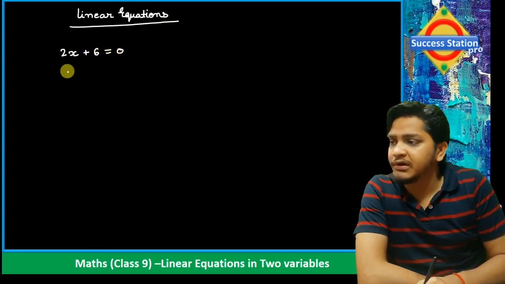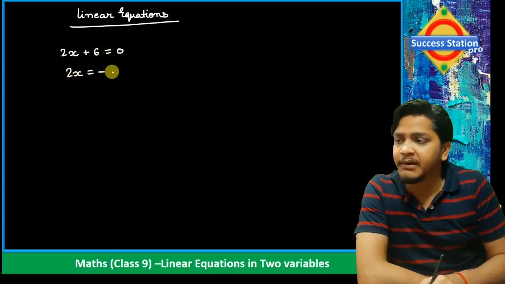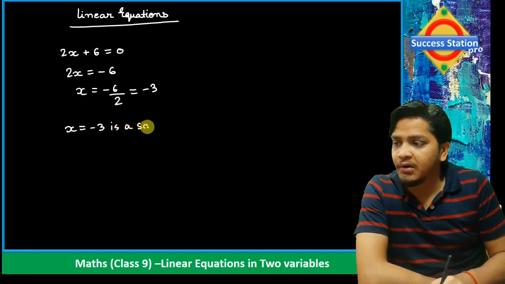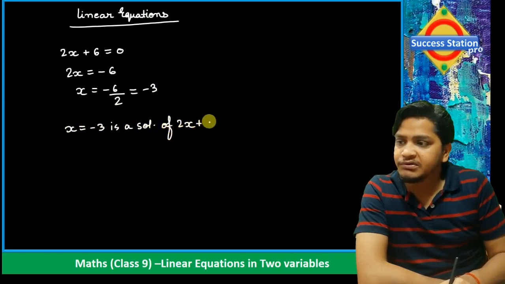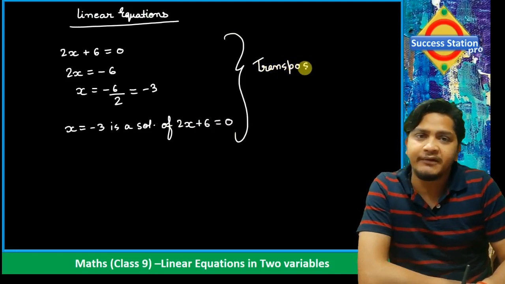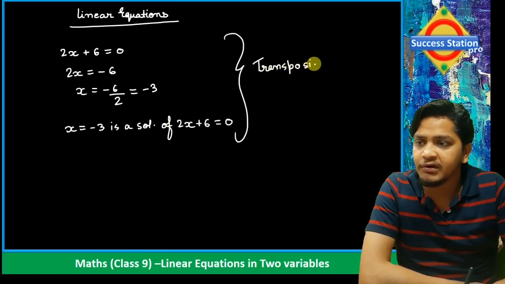You transposed 6 to that side, so it becomes minus 6, x equal to minus 6. 2 is multiplied with x, so it gets divided, and you get minus 3. So x equal to minus 3 is a solution of 2x plus 6 equal to 0. This method was called the transposition method.